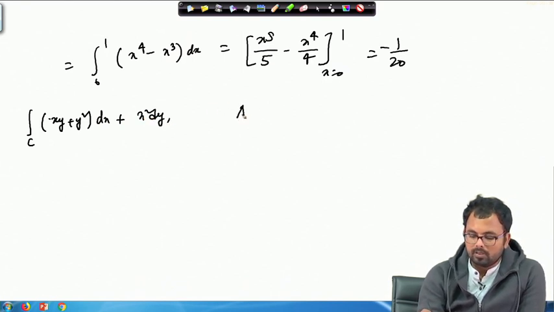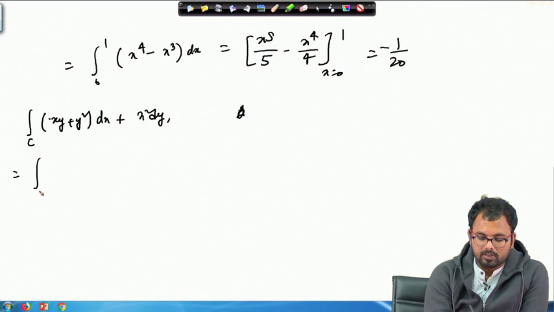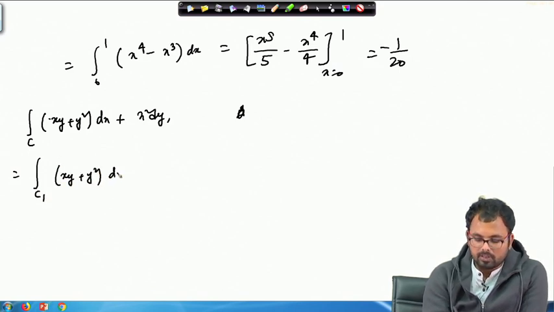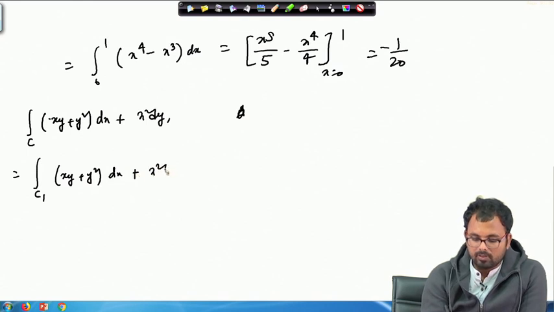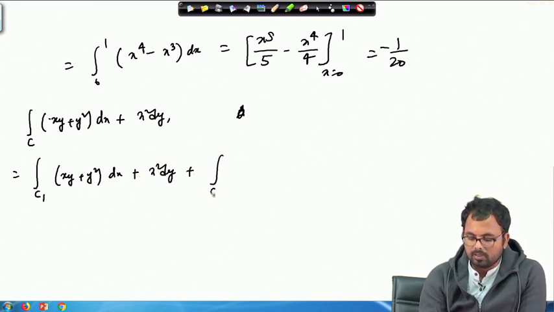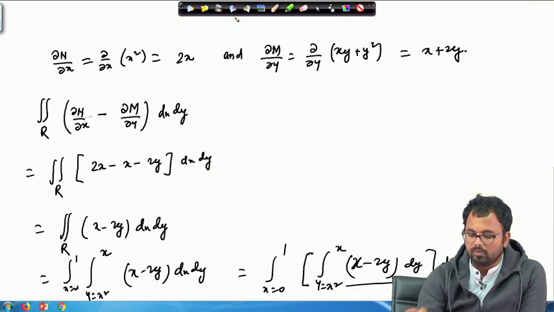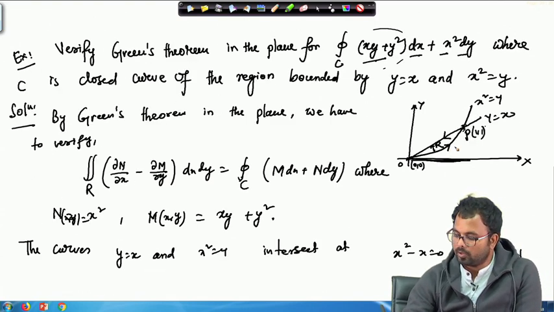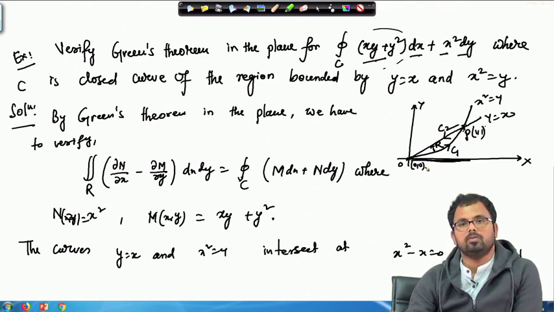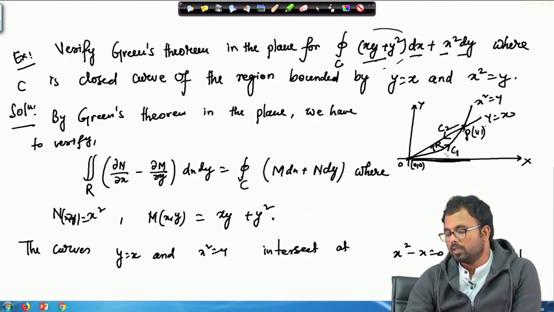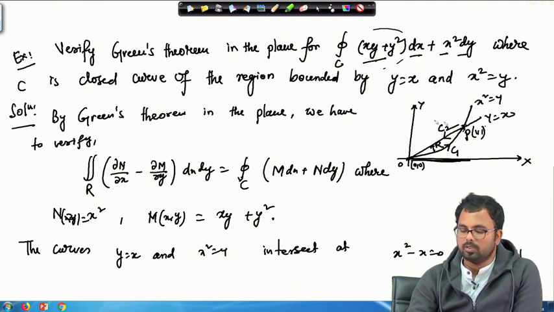So, we can write the integral over C1 of (xy plus y squared) dx plus x squared dy, and then we have another integral over C2 of (xy plus y squared) dx plus x squared dy. So, I am calling this one C1 and this one C2. The part of the parabola is considered to be C1 and the part of the straight line is considered to be C2.